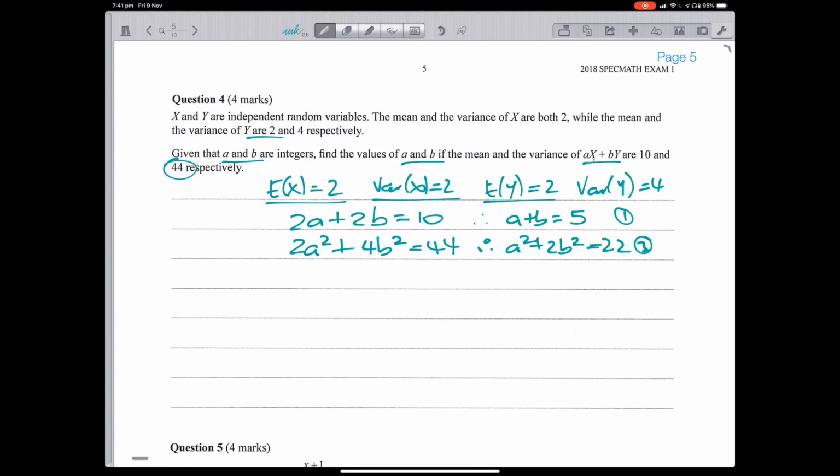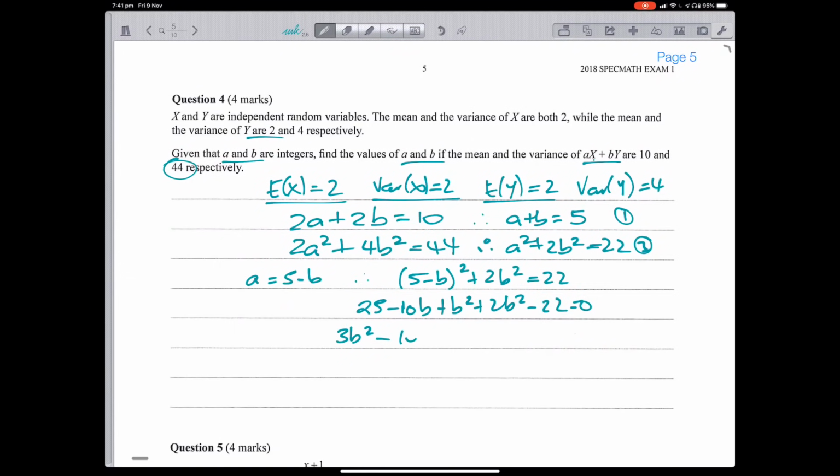So let's say a is 5 minus b. So therefore, (5 minus b) squared plus 2b squared equals 22. 25 minus 10b plus b squared plus 2b squared minus 22 equals 0. So we get 3b squared minus 10b plus 3 is 0. (3b minus 1)(b minus 3).